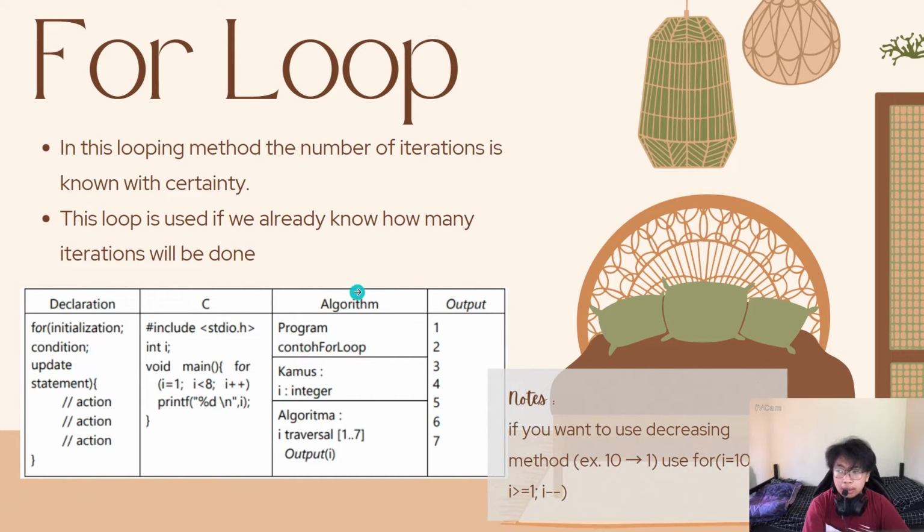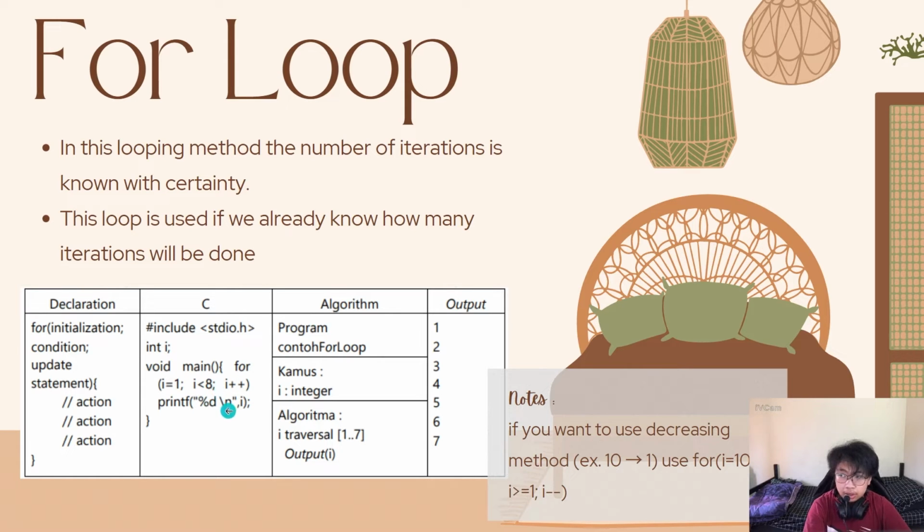Okay, for example, we can see in the table at the bottom of the PowerPoint, the first line is the standard library for C, the second line is the declaration of a variable integer named I, and the third line is the main function, which contains a for loop, where we give the initialization value 1, the condition is I less than 8, and the update statement is post increment, which is I plus plus.